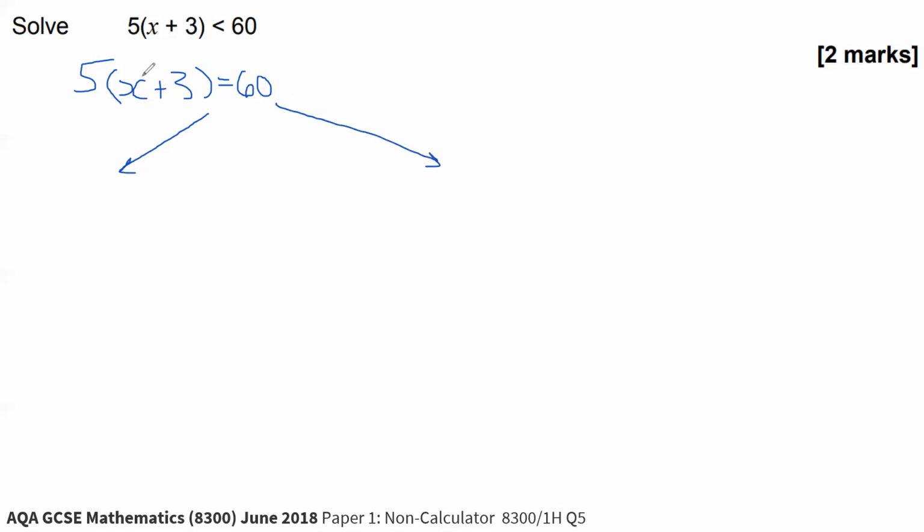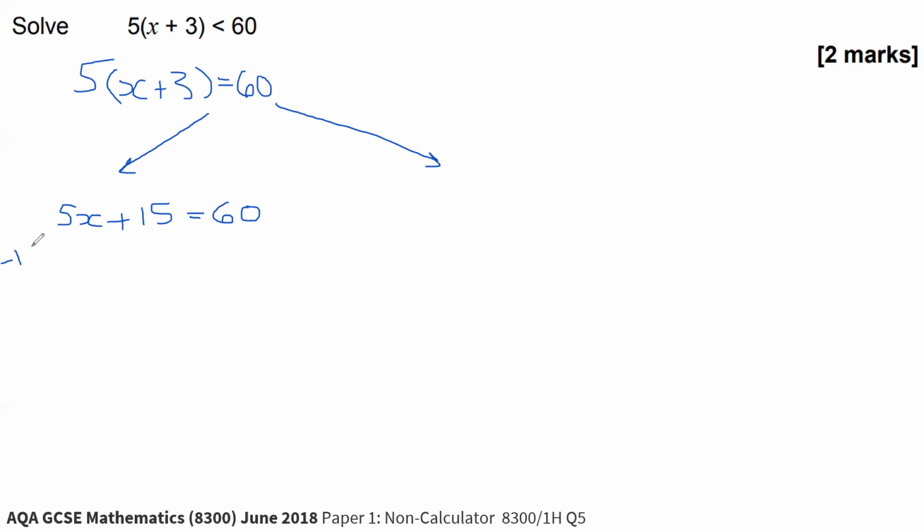Some of you may have started by multiplying out this bracket, expanding it and then solving from there. If you do that, you'll end up with 5x + 15 = 60.